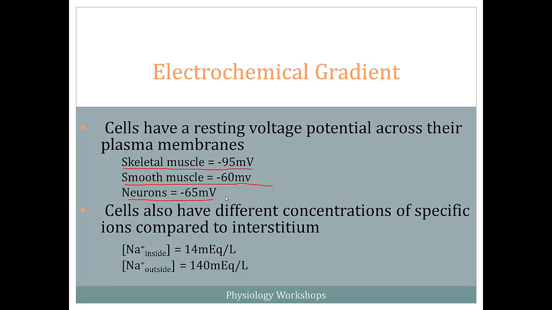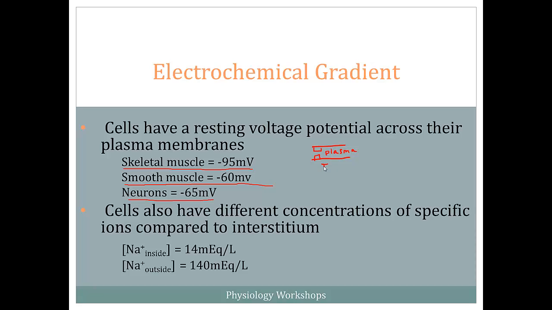Cells also have different concentrations of specific ions compared to the surrounding interstitium, which, as you know, is the non-plasma component of extracellular fluid. So let's quickly remind ourselves of what that means. So here we have our blood vessel with our endothelial cells and our plasma.